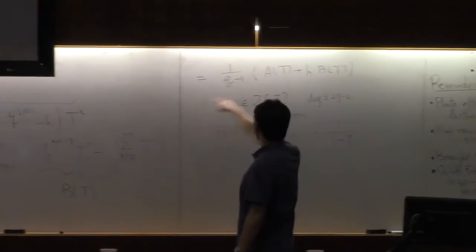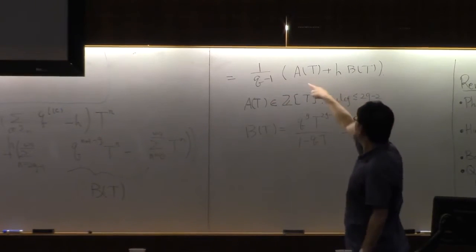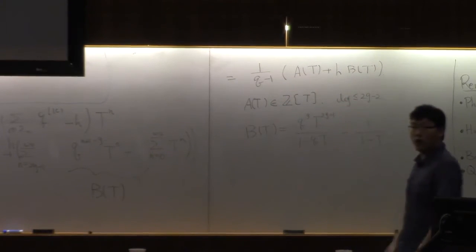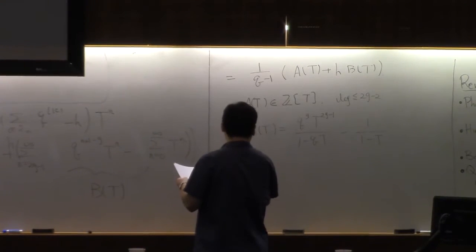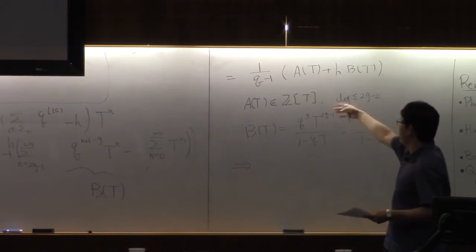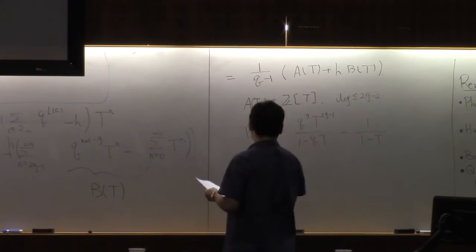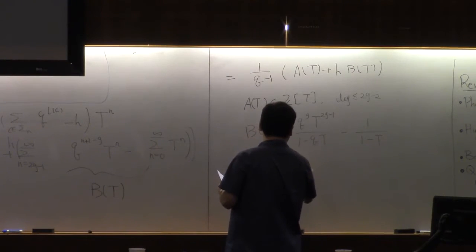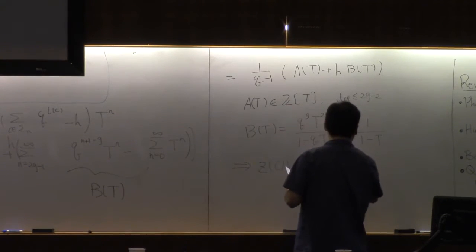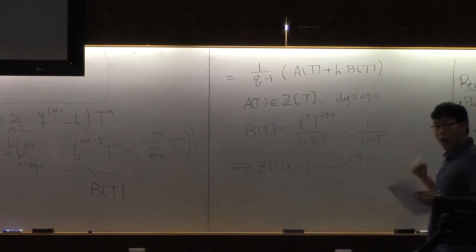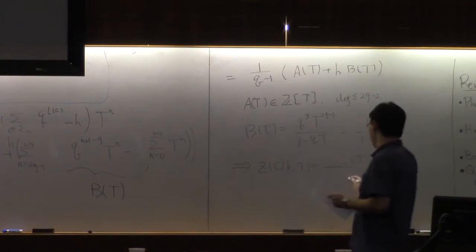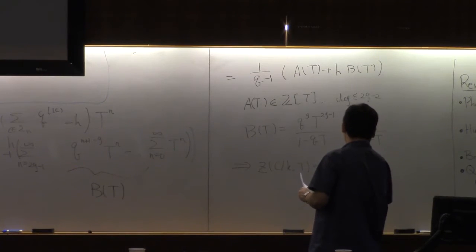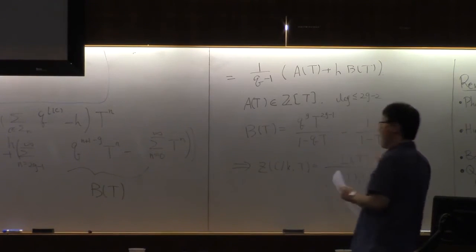And because the zeta function is a linear combination of these two rational functions, if you simplify this expression, it tells you that the zeta function is a rational function, but the only denominator should be 1 minus t and 1 minus qt. And then you have a numerator.